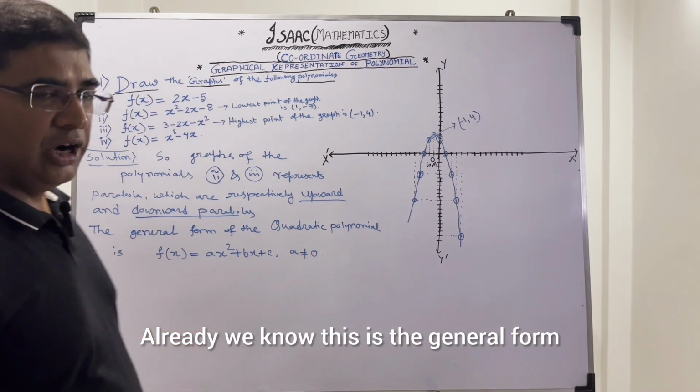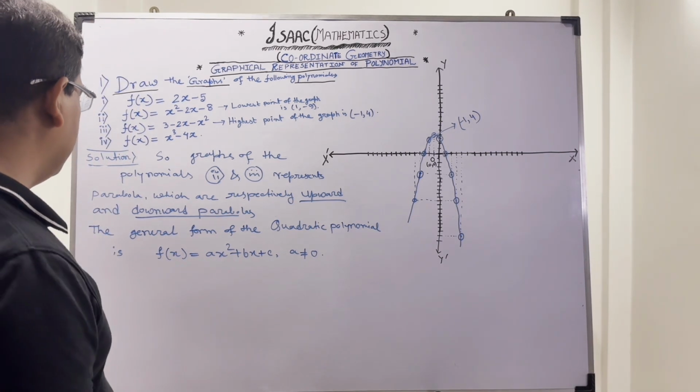Already we know this is the general form of a quadratic polynomial.